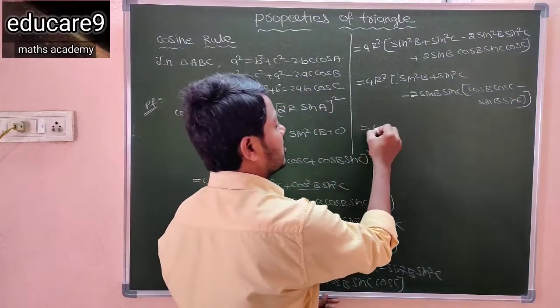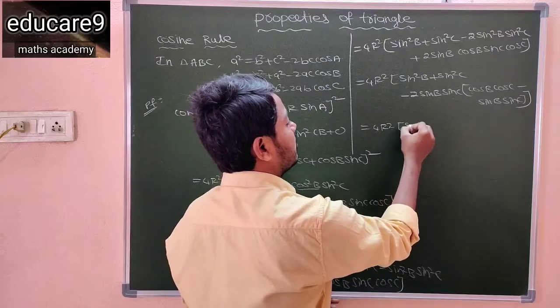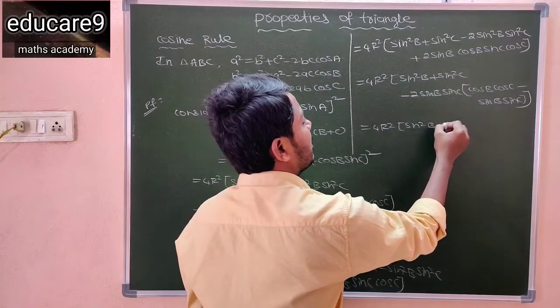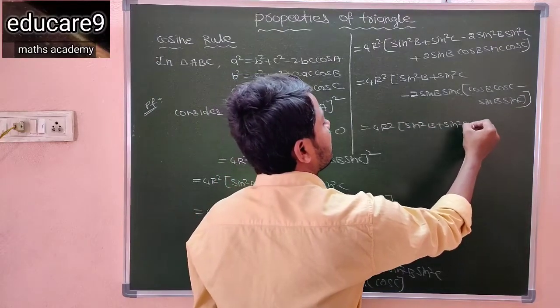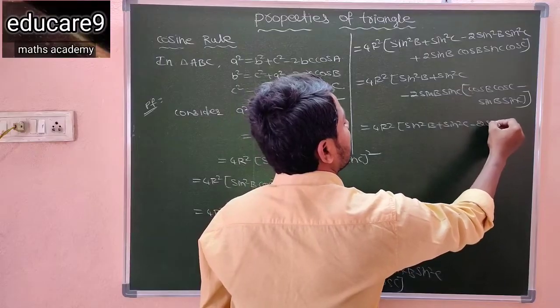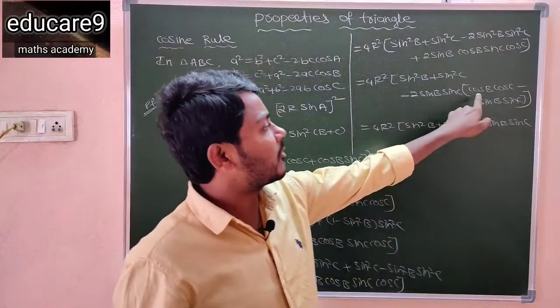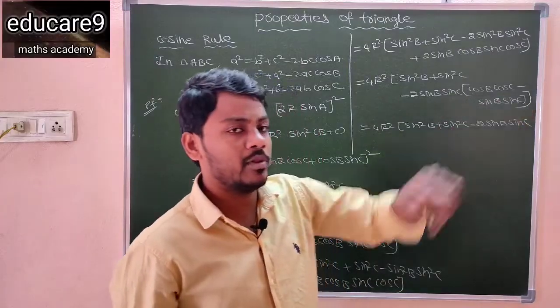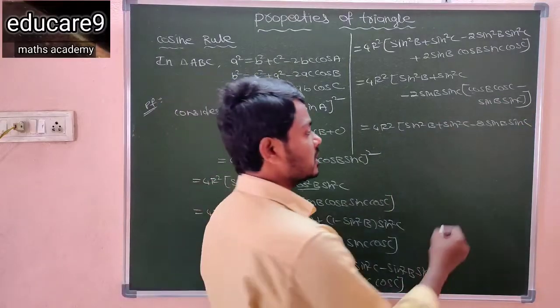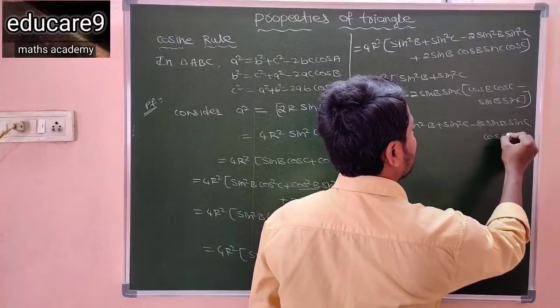Now this is 4R squared into (sin squared B plus sin squared C minus 2 sin B sin C (cos B cos C minus sin B sin C)). So it is in the form of the cos A cos B minus sin A sin B formula, that is cos of (B + C).